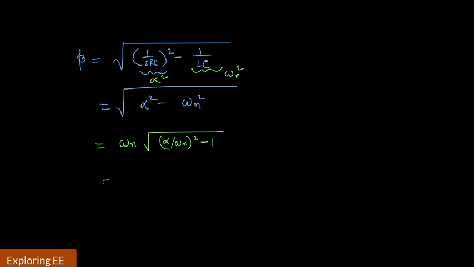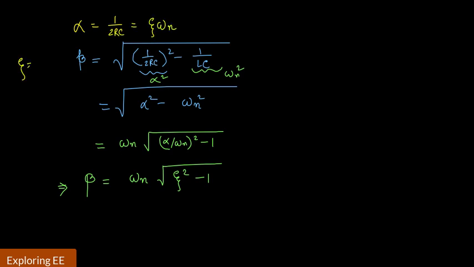So alpha/omega n is again the damping ratio zeta. So beta can be written in this form, omega n times the square root of zeta square minus 1, and alpha, which is 1/(2RC), is also zeta times omega n. Zeta equals alpha/omega n, so alpha equals zeta times omega n.